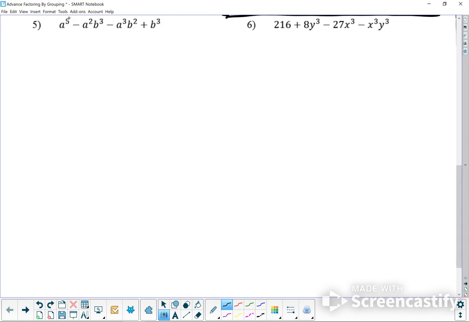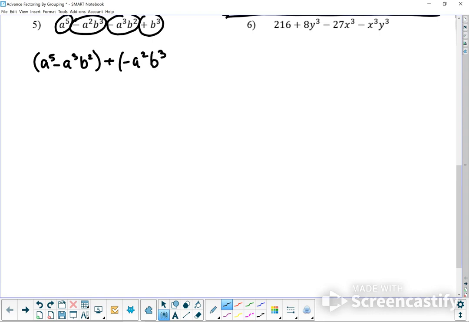Let's go a to the 5th and this right here together. So let's group it as a to the 5 minus a to the third, b to the second. And then let's group this with this right here, negative a to the second, b to the third, along with b to the third.